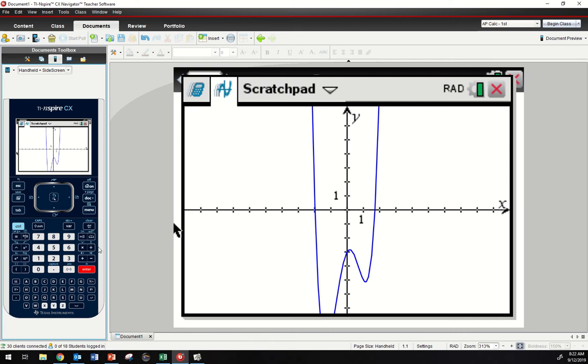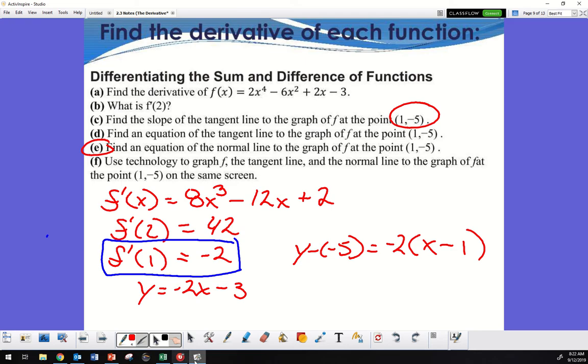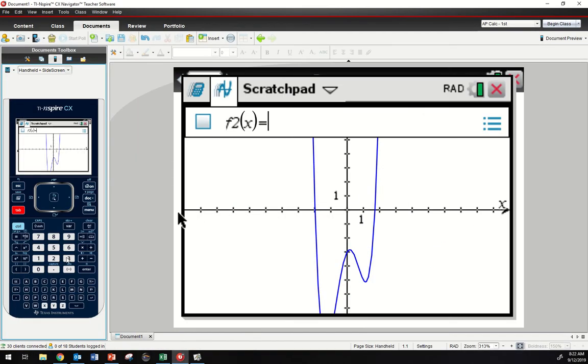The next thing I'm going to look for is the tangent equation. It didn't ask for the derivative. It asked for f and then the tangent line, then the normal.